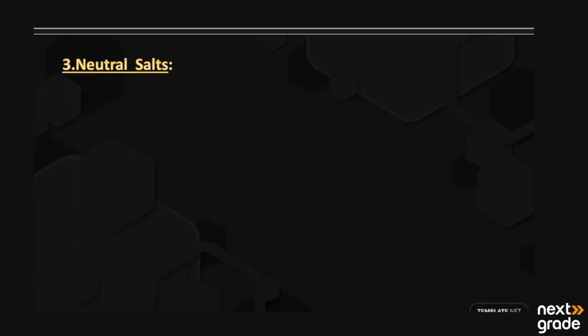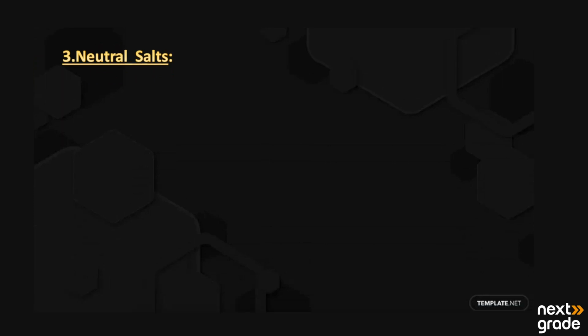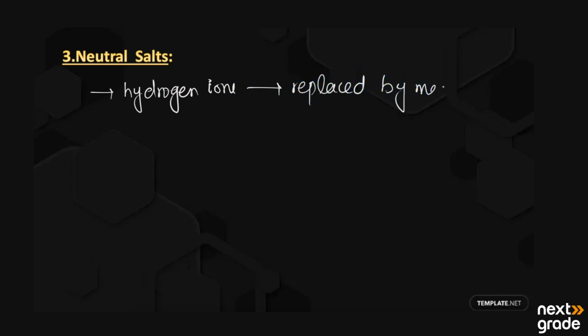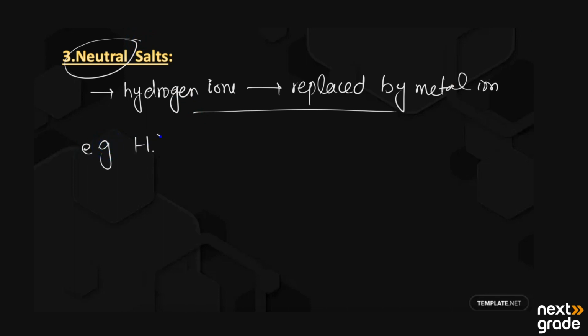Let's have the third form, the neutral salt. What do we mean by the neutral salt? If the salt is formed when all the hydrogen ions of an acid are completely replaced by the metal ion, then the resulting product is known as the neutral salt. For example, the reaction of HCl with sodium hydroxide.